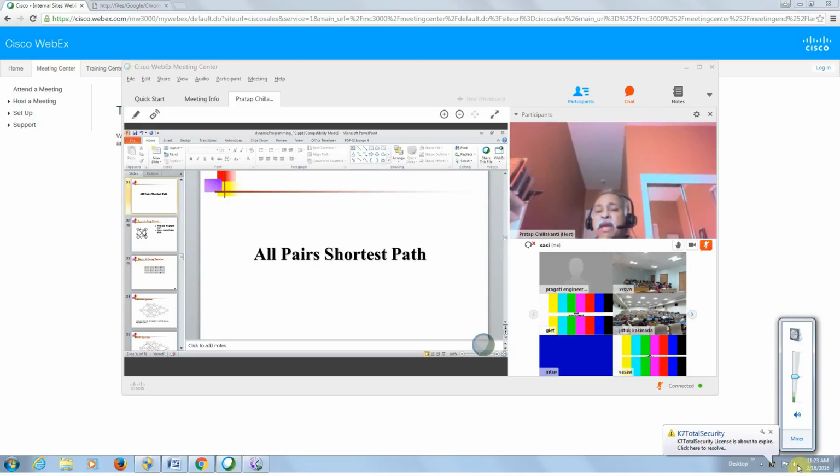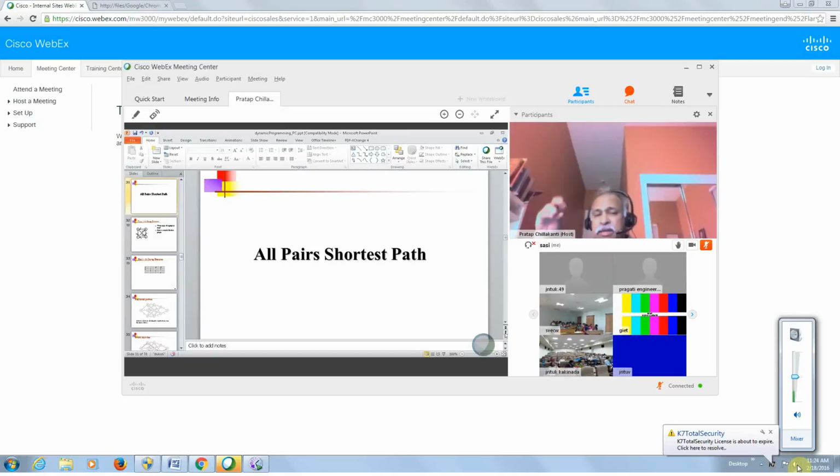Dynamic programming helps us in solving these problems much more efficiently. So the focus of the next section is on this shortest path, and we call it all pairs shortest path. The reason we call it that is these algorithms typically calculate the shortest path between every node pair.